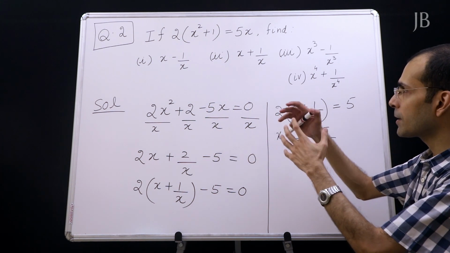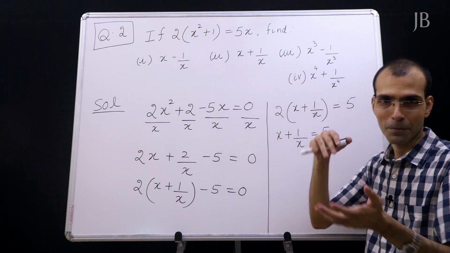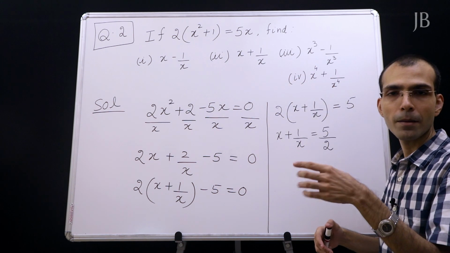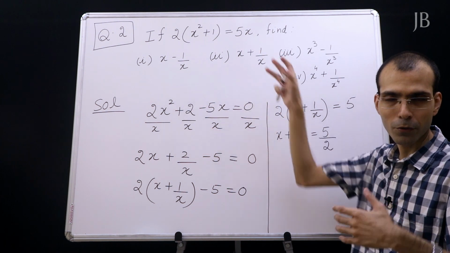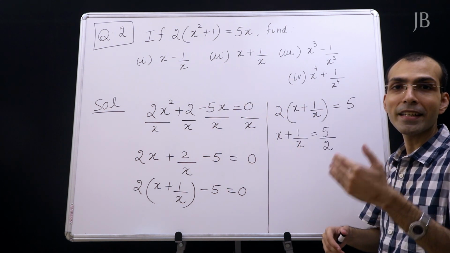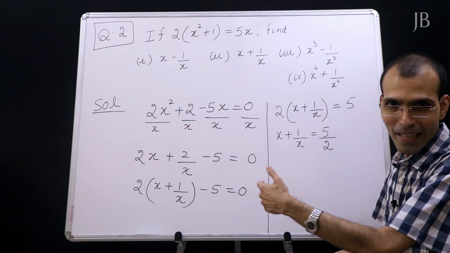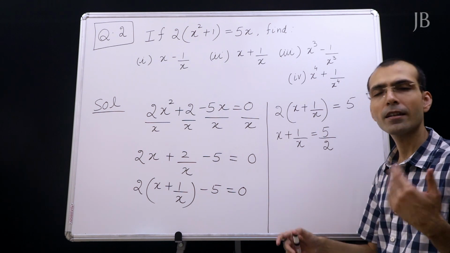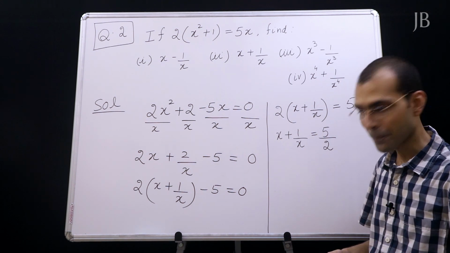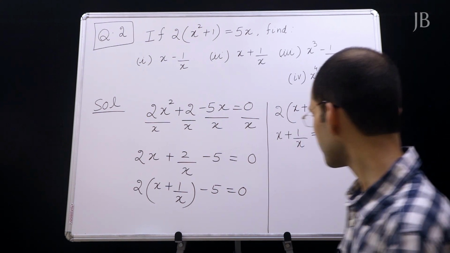I am just talking about the diluted version of this sum. Find so and so, so and so. There also what you do, you divide each and every term by a, and that will come out easier. Here we had to do factorization and all that. There it will come directly. So keep that sum in mind.